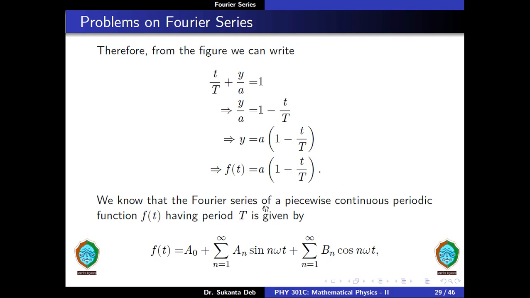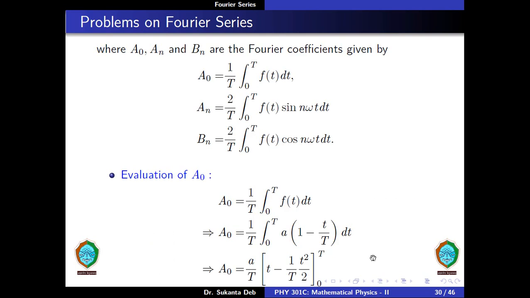Now we know that the Fourier series of a piecewise continuous periodic function f of t having period capital T is given by f of t is equal to a naught plus summation over n is equal to 1 to infinity a n sin of n omega t plus summation over n is equal to 1 to infinity b n cos of n omega t.